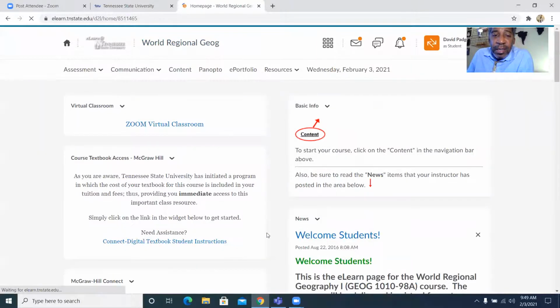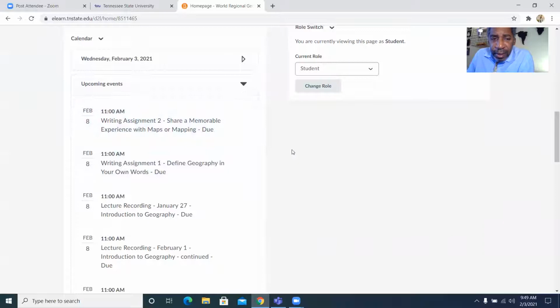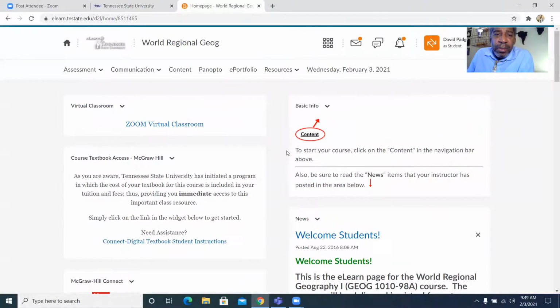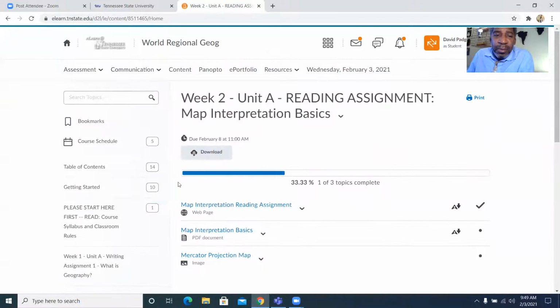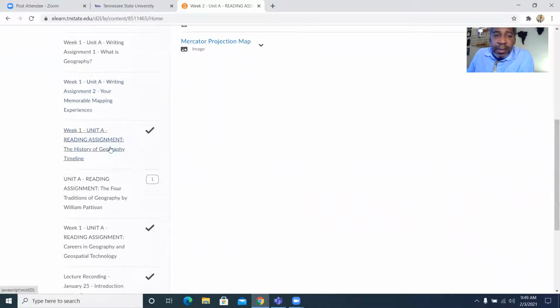So again, I've extended the deadlines on those first 2 writing assignments. Make sure that you do those. Also in content, there are reading assignments. So we're in Unit A. And so anything that says Unit A is under your responsibility.